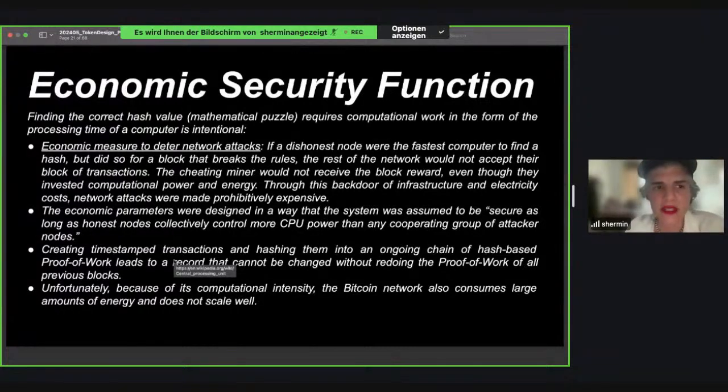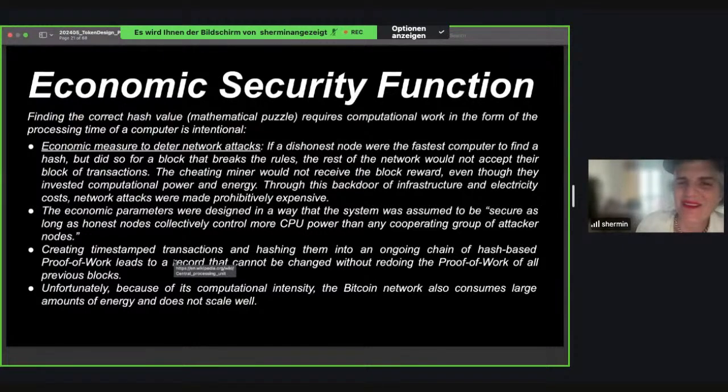The economic security function: proof of work was designed with the purpose that finding the correct hash value, this mathematical puzzle we refer to, requires computational work in the form of processing time. And this is intentional because it's an economic measure to deter network attacks.